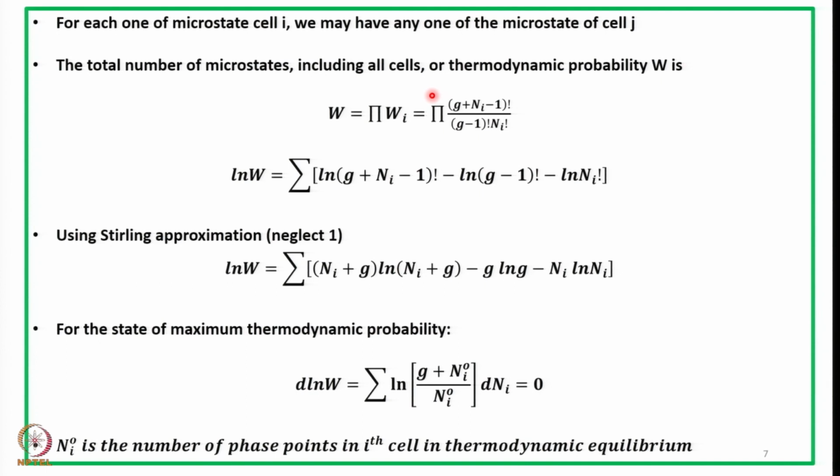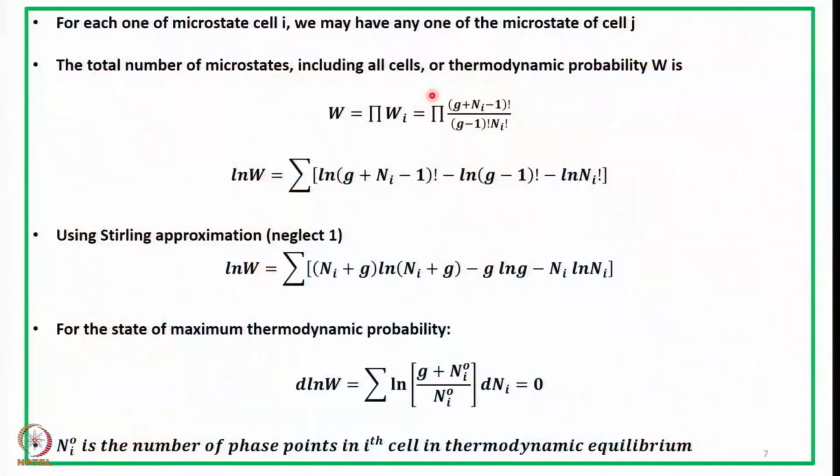Now, let us go back to our discussion in Maxwell-Boltzmann statistics. What we talked about there was that sometimes it is easier to work with the logarithm of W rather than W itself. So when I take log of W, when you take log of a product, it can be written as a summation.